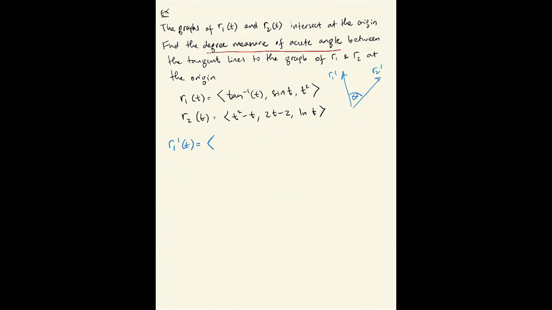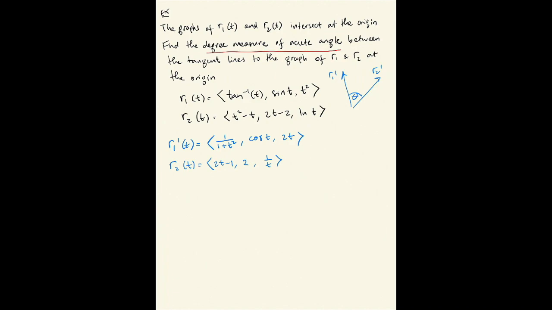Remember, what is the derivative of tangent inverse? 1 over... But here it is t, right? So we change to t. And the sine is cosine t, and then 2t. Two. Ln t. Okay.